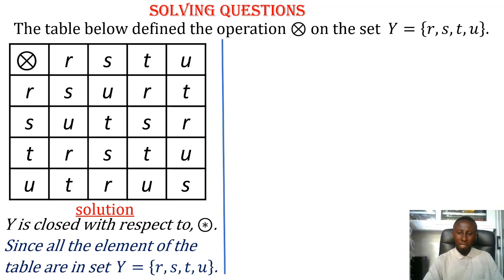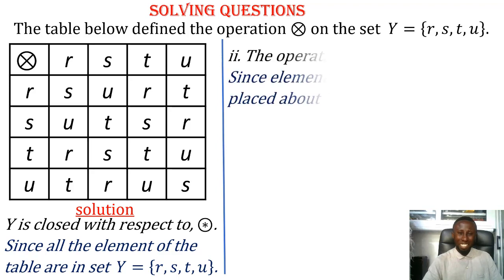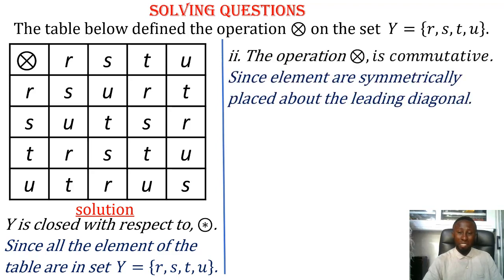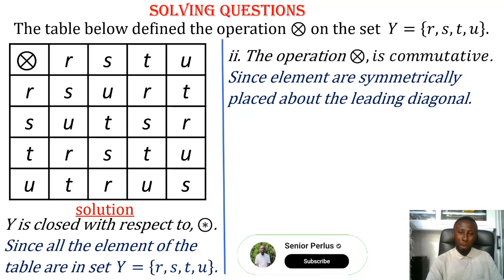Our next question is, is the operation commutative? Let's compare our answers. We look at whether the elements are symmetrically placed about the leading diagonal. In our previous example, we said that the operation is not commutative when they are not symmetrically placed about the leading diagonal.